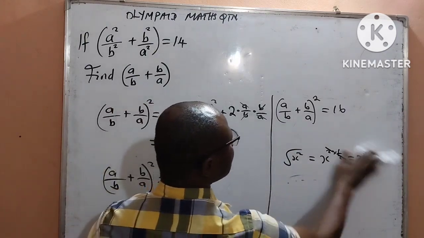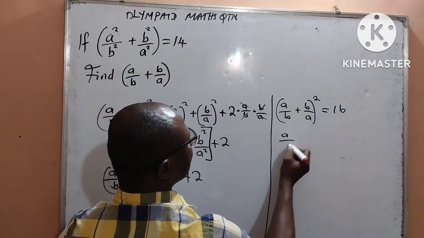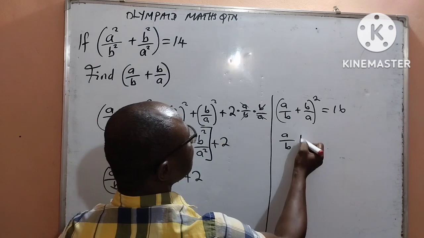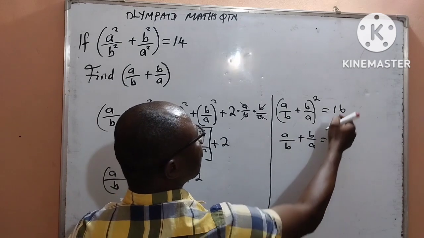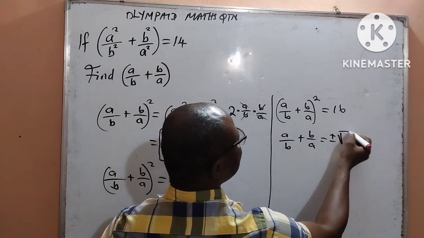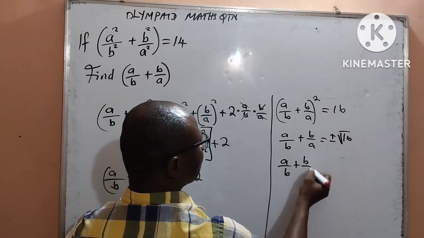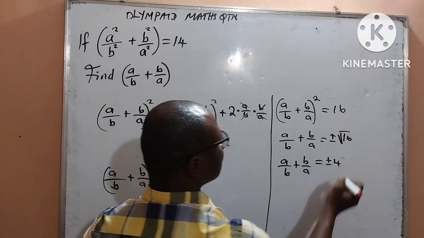That means the square root of the left hand side will simply give me a all over b, then plus b all over a, and the square root of 16 will give me plus or minus, of course, the square root of 16, which is now a over b plus b over a is equal to plus or minus 4.